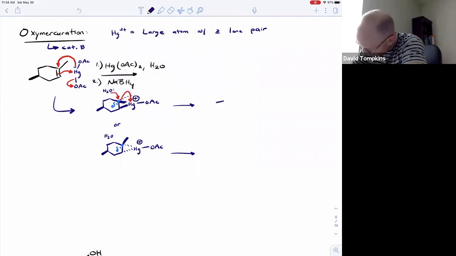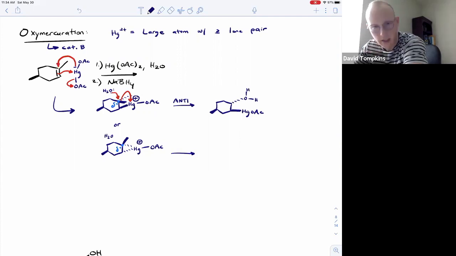And that's going to give you an intermediate where mercury remains on the secondary carbon on the front face of the ring. The methyl group is fixed, and the water must attack trans to mercury, or it must open the bridge from the opposite face. Just like any other bridge mechanism, this is an anti-addition, where that methyl group at the tertiary carbon gets pushed forward.